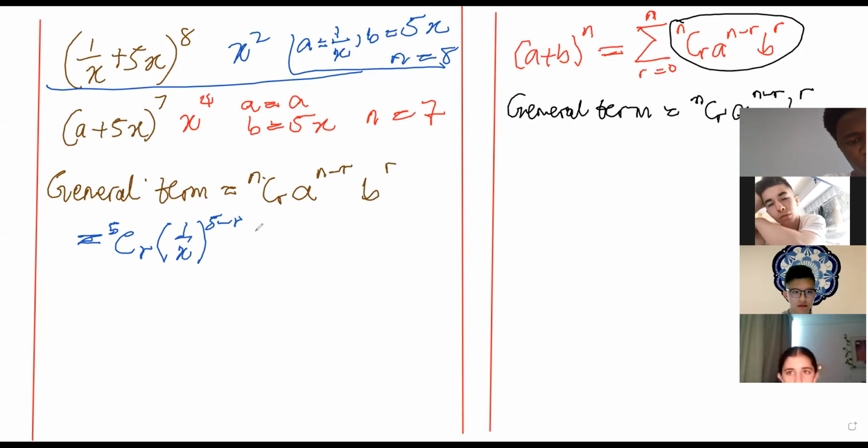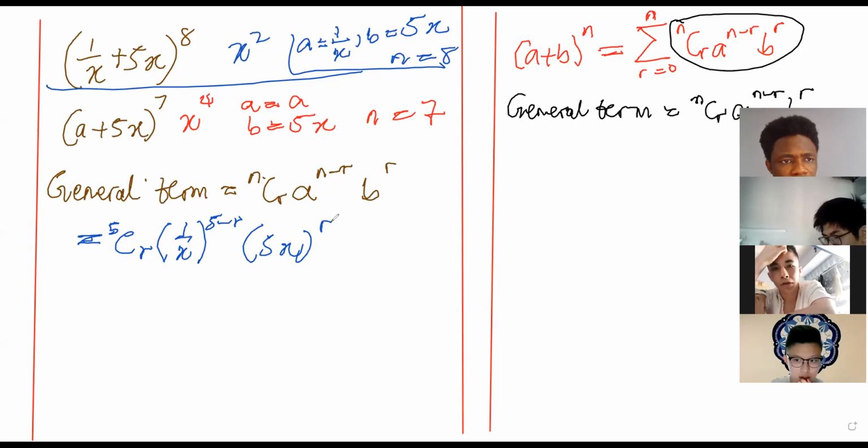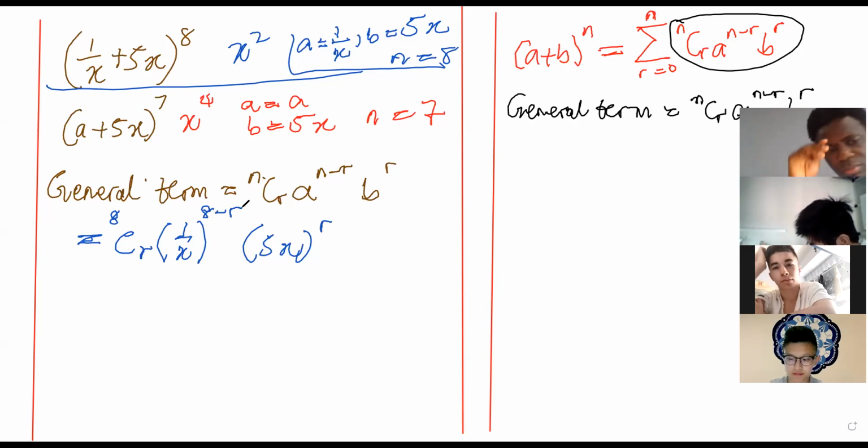My b is 5x raised to power r. Isn't n equal to 8 for the first one? Oh, my bad. So 8, thank you. So this is 8 minus r.